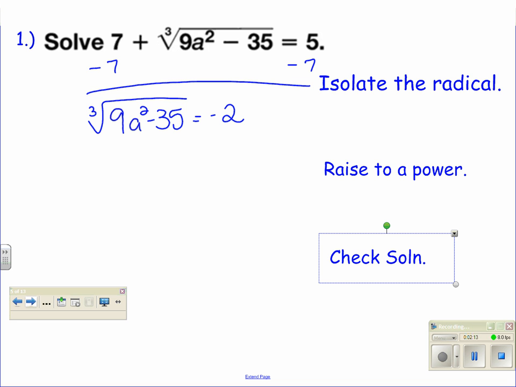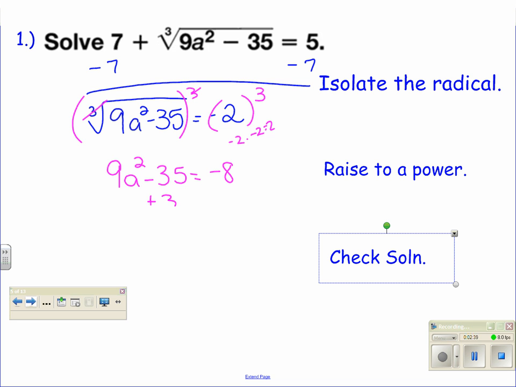Second step, I want to get rid of my radical. So I am going to raise this to a third power, because then the cube and the cube root will eliminate each other. 9a squared minus 35 is equal to negative 2 times negative 2 times negative 2, which makes negative 8.